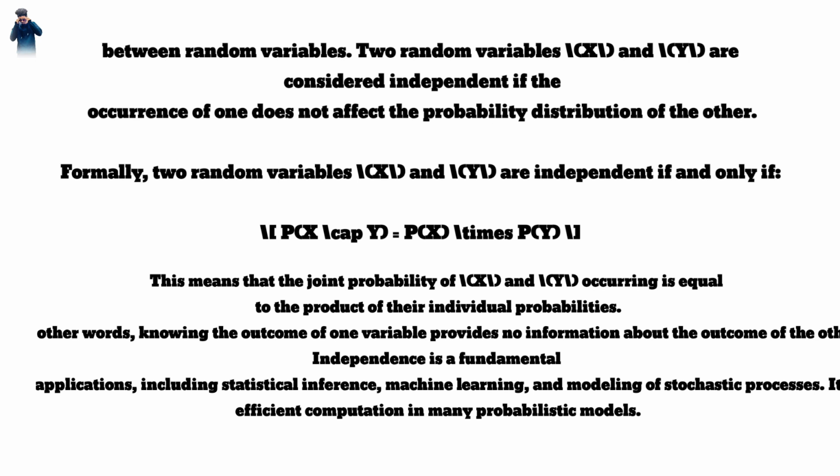Formally, x and y are independent if and only if P(x, y) is equal to P(x) times P(y). This means that the joint probability of x and y occurring is equal to the product of their individual probabilities. In other words, knowing the outcome of one variable provides no information about the outcome of the other.